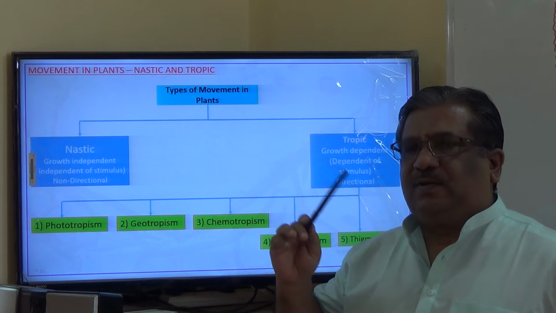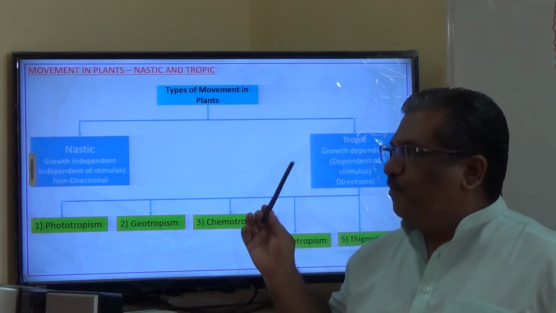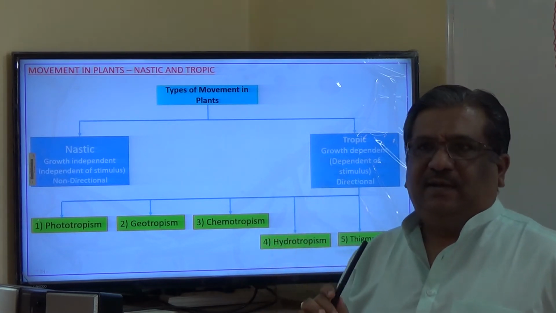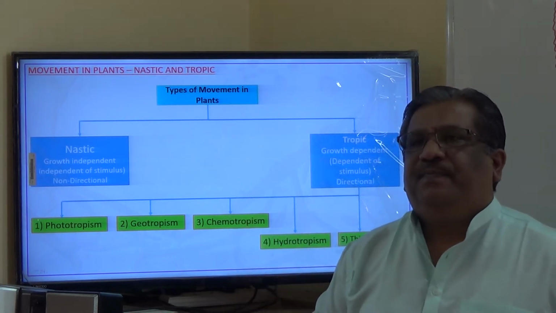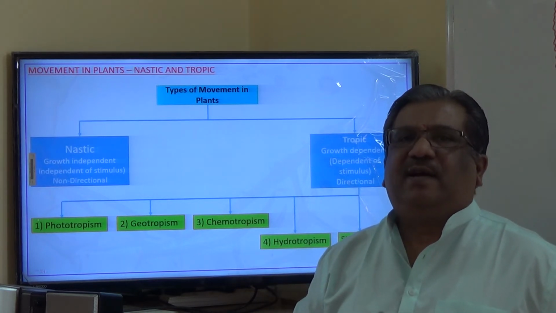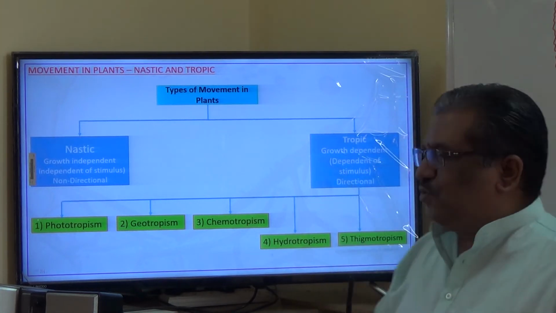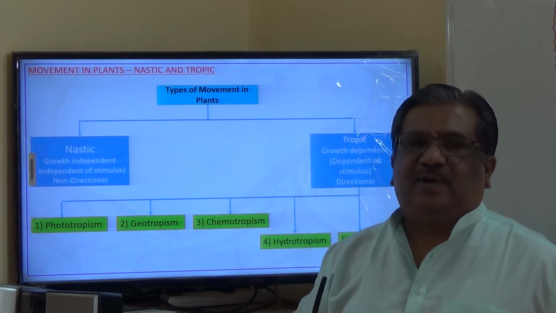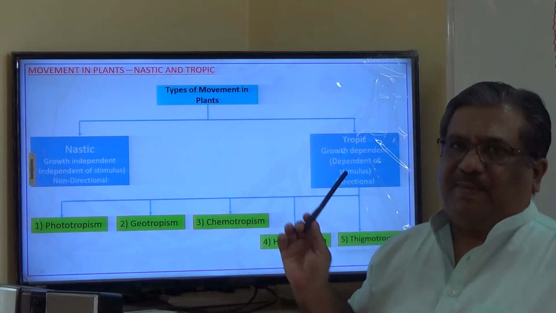When the question of growth related comes into picture, definitely the movements are controlled by the growth of a particular region of a plant, and the responsible elements for the growth are chemical messengers called plant hormones. So please remember, all these tropic movements are shown by plant hormones. So plant hormones are responsible mainly for control and coordination in plants.